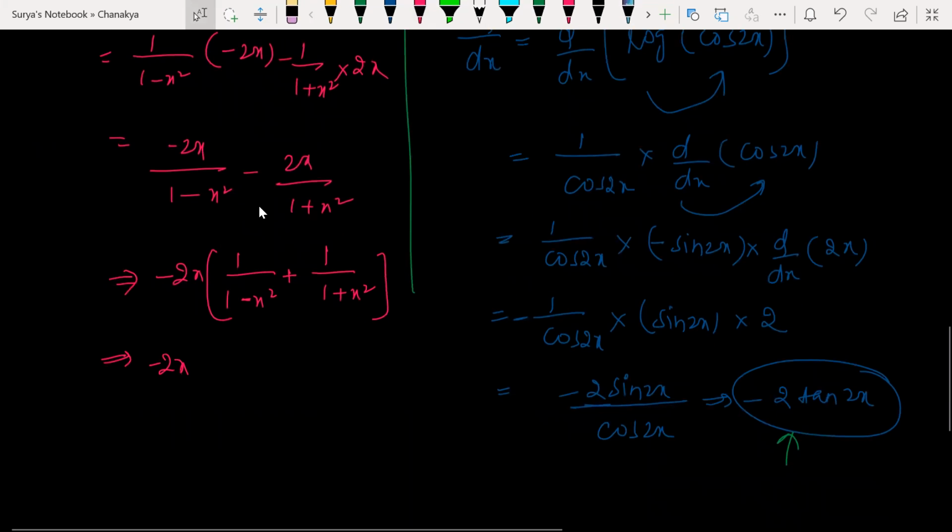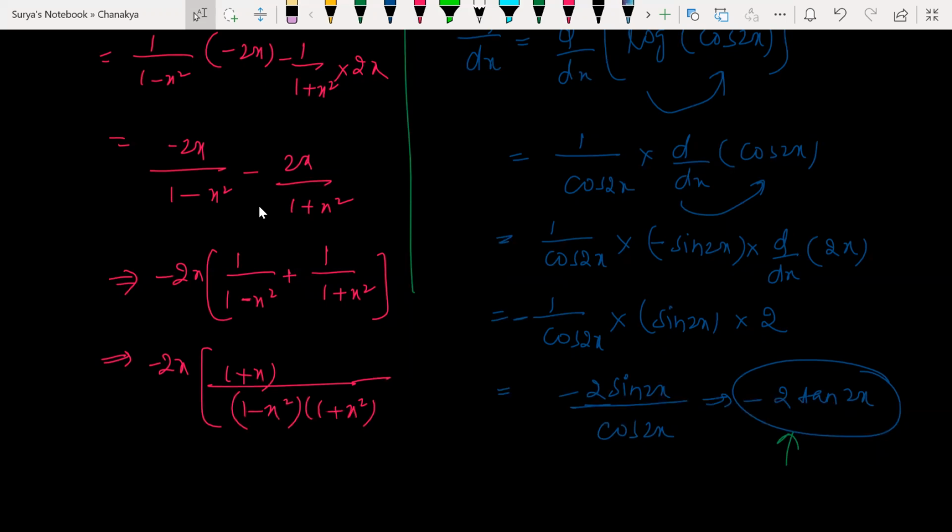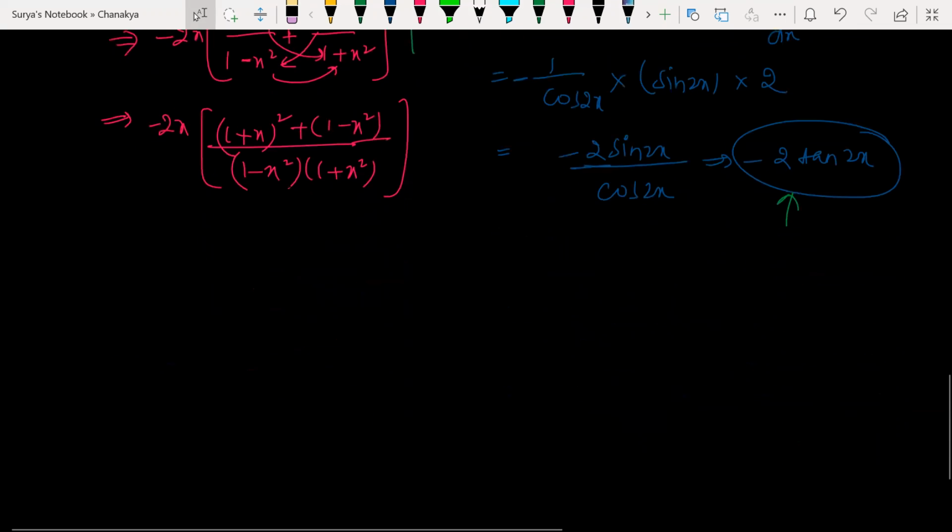So minus 2x into, what is the LCM? 1 minus x square into 1 plus x square. After taking the LCM and cross multiplying, do you understand? Guys, are you able to follow? Here, look at it, plus x square and minus x square will get cancelled.